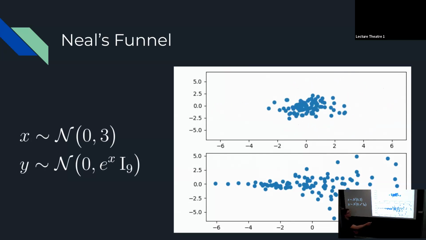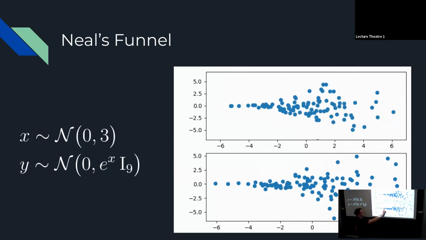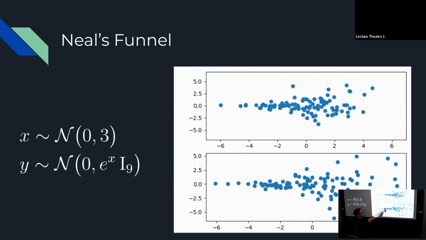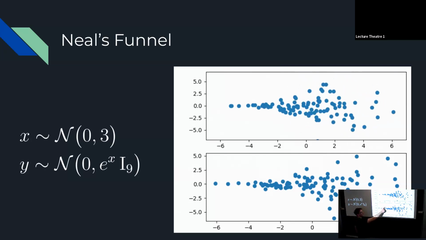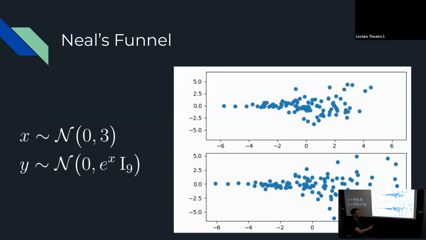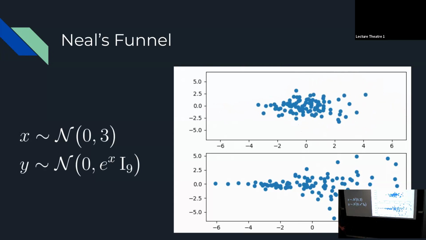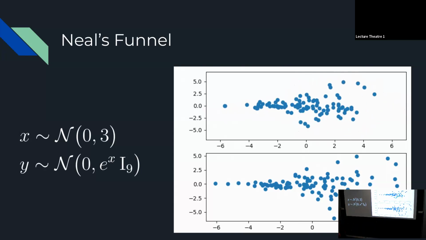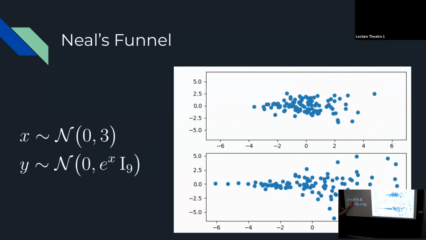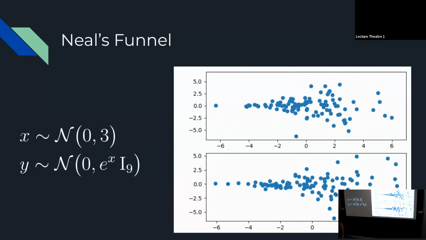And when they get into this very narrow bit here, the Metropolis adjustment throws them out, because it realizes we jumped somewhere here, the probability of being here is very low, so we'll just reject this step. And so many Markov chain Monte Carlo algorithms struggle with sampling from this distribution because they can't enter the funnel.